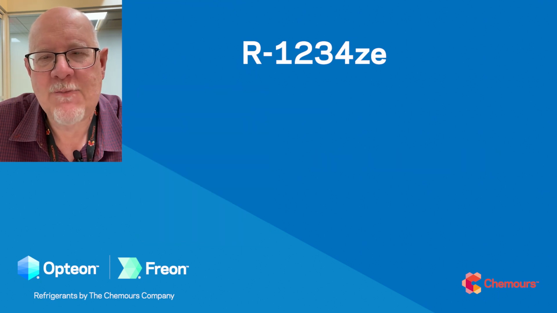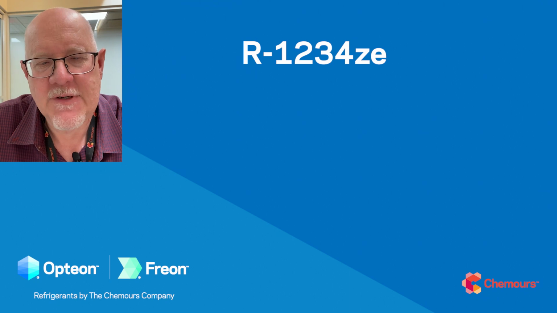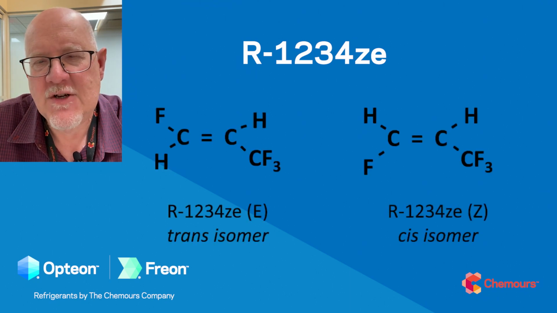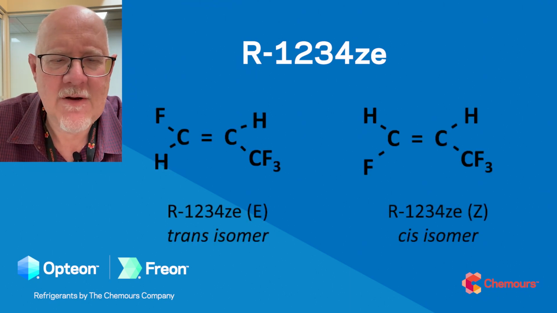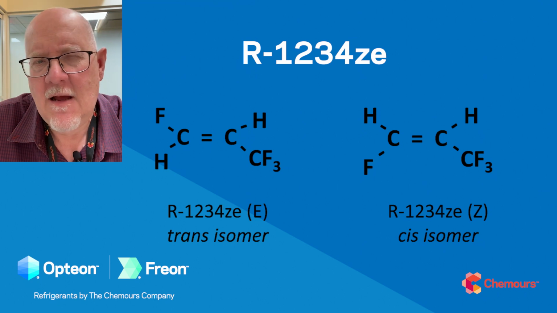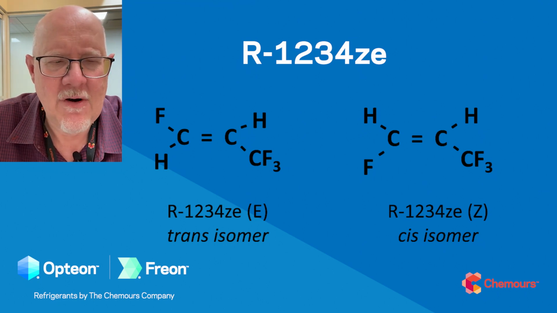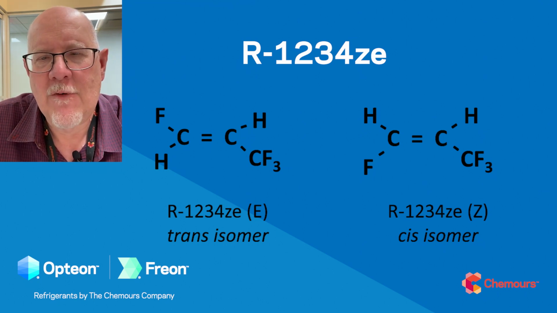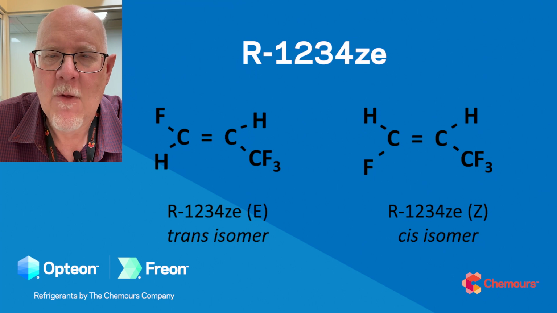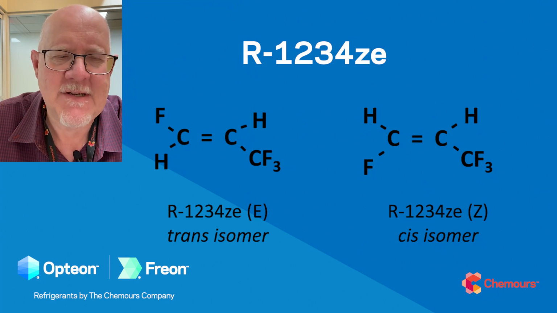Now ZE, it turns out, goes a bit further in ways it can be arranged. There are 2 possible arrangements or isomers: the cis and trans, if you took organic chemistry, or Z and E in some of the other nomenclature. That refers to how the groups are arranged around that double bond. Are they on the same side or on the opposite side?